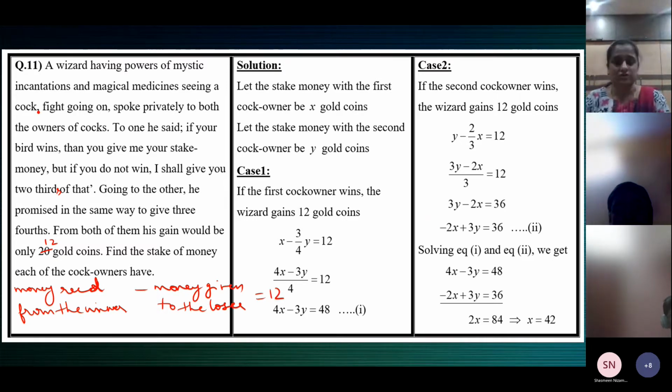Money received from the winner: whatever money he receives from the winner, that is X or Y, the stake money he'll get, minus what he gives the loser.